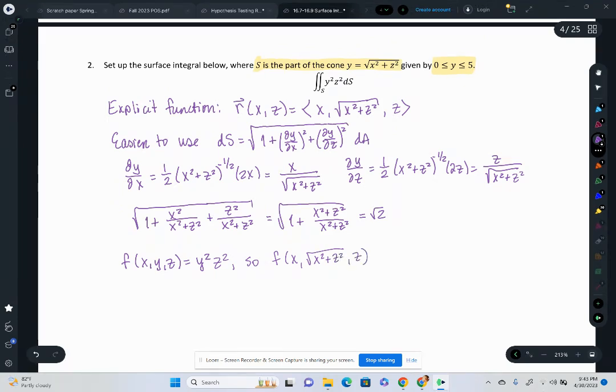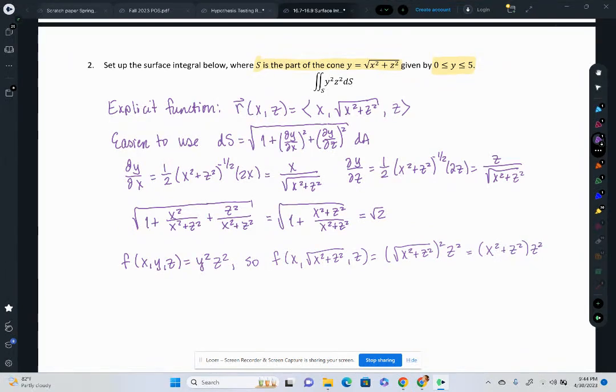So everywhere there's a y, I have to replace it with that square root of x squared plus z squared. So I'm going to do that. Put in the square root of x squared plus z squared and square it, and then times z squared. Well, the square and the square root go away, so we just are left with x squared plus z squared all times z squared. And of course, that can simplify.